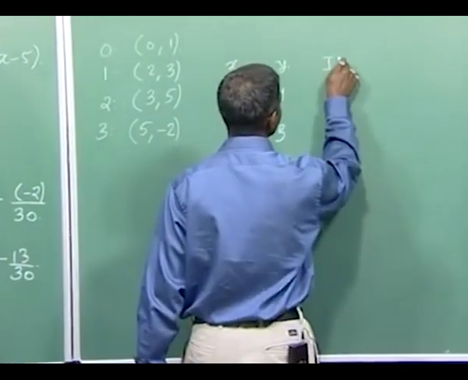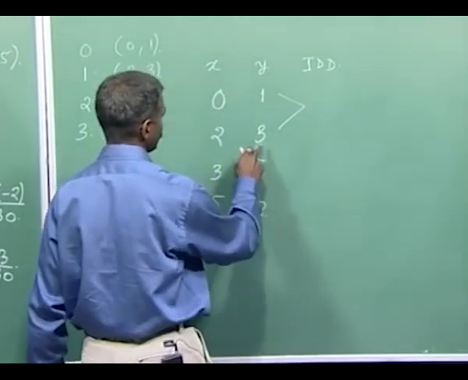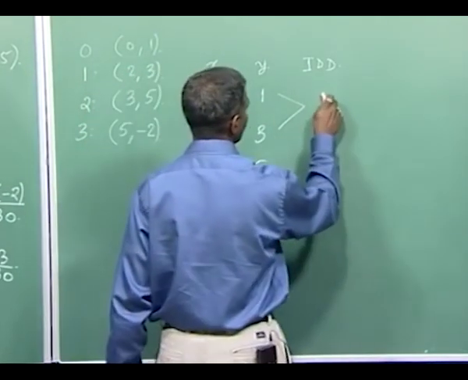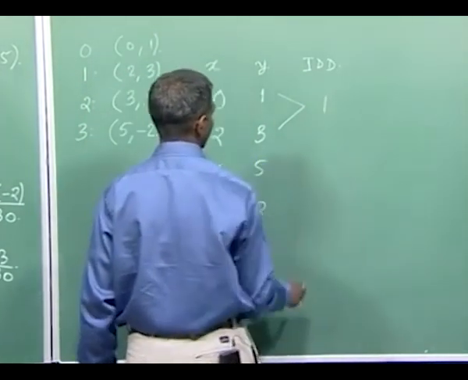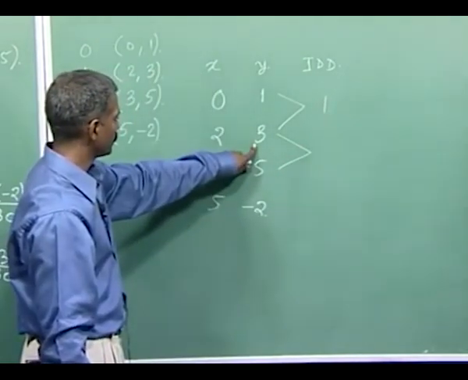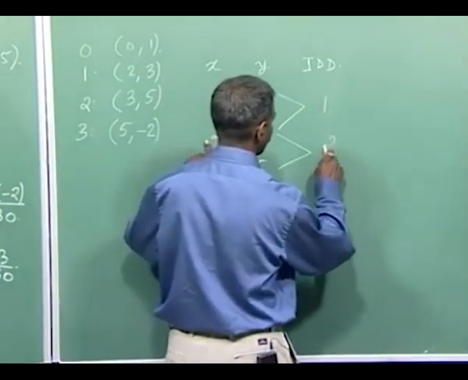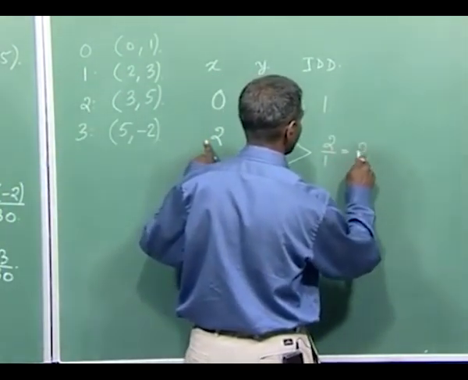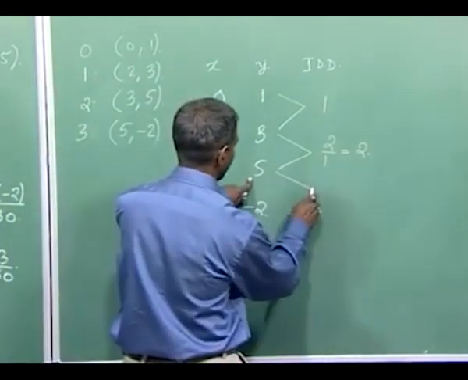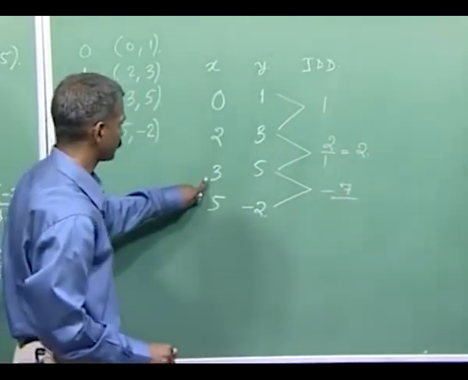So the first divided difference: combine these two, 3 minus 1 over 2 minus 0, which is 1. Combine these two, 5 minus 3 is 2, 3 minus 2 is 1, so this is 2 over 1, which is equal to 2. Minus 2 minus 5, which is minus 7, over 5 minus 3 is 2.